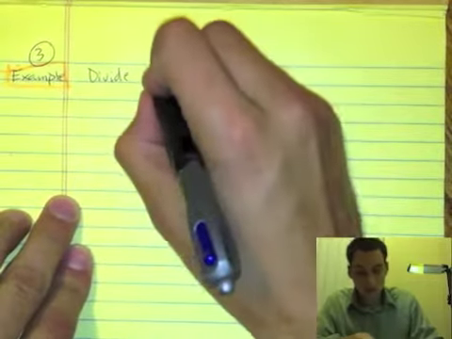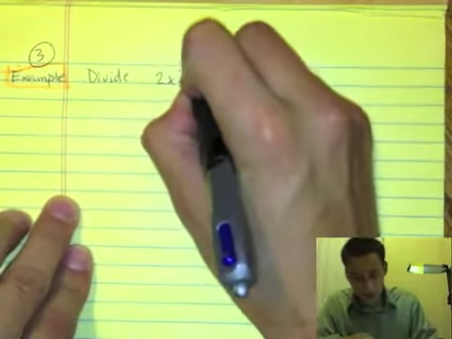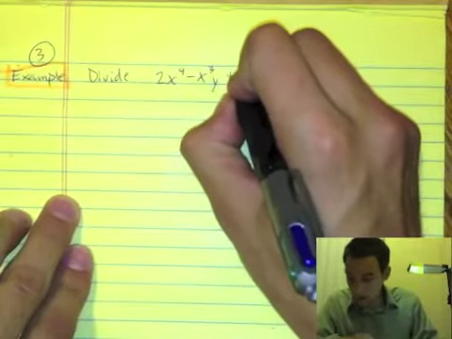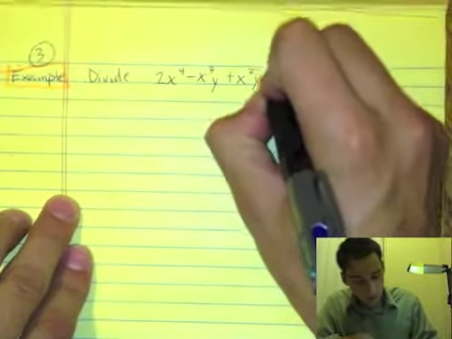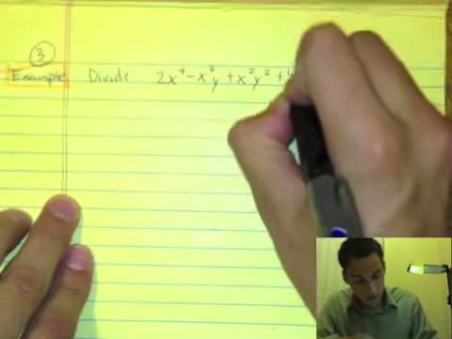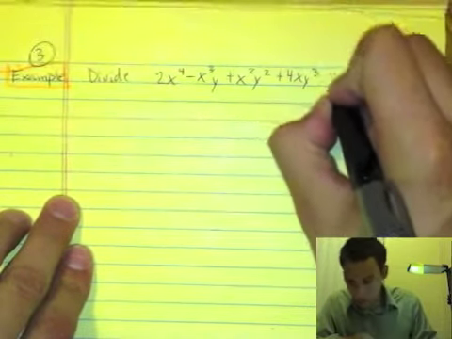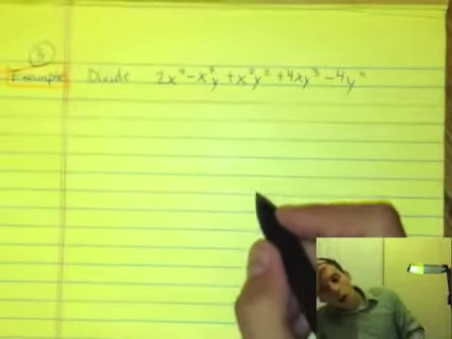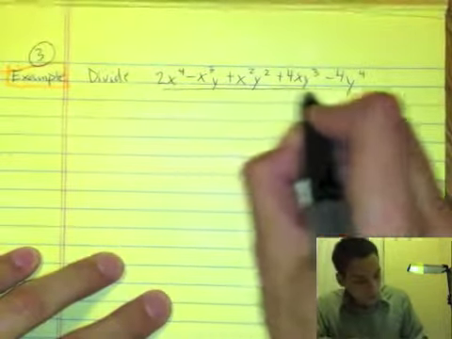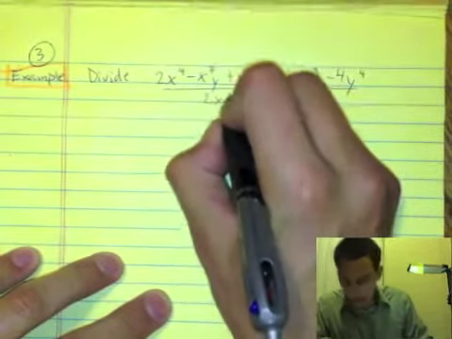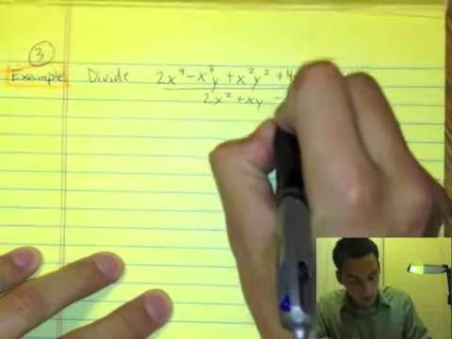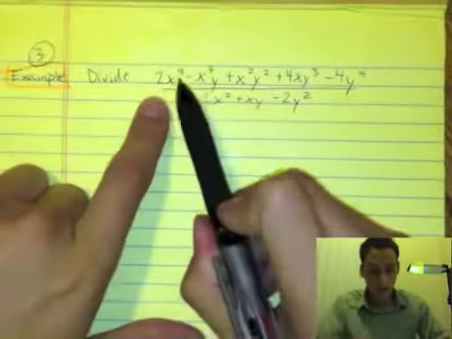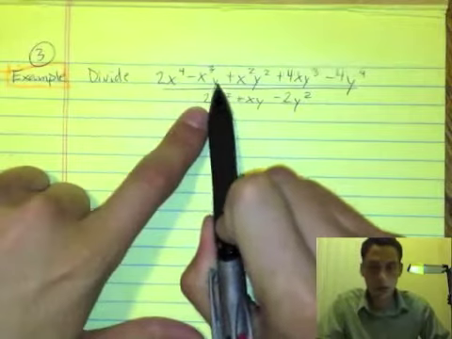Again, this is a long one. 2x to the 4th minus x cubed times y plus x squared y squared plus 4xy cubed minus 4y to the 4th, divided by 2x squared plus xy minus 2y squared. What's different about this one? It has 2 variables in it, an x and a y.